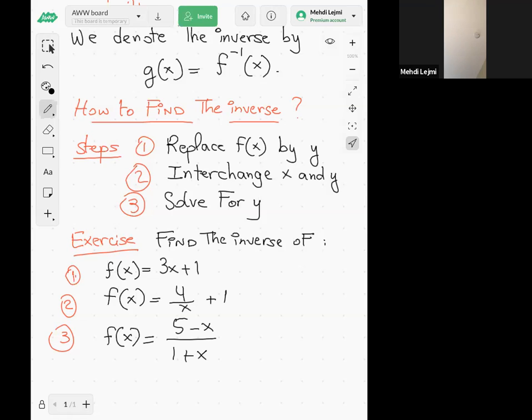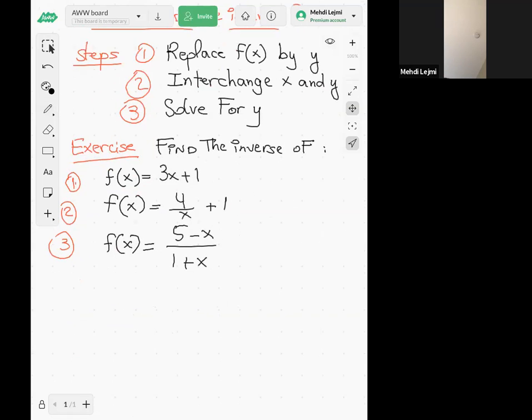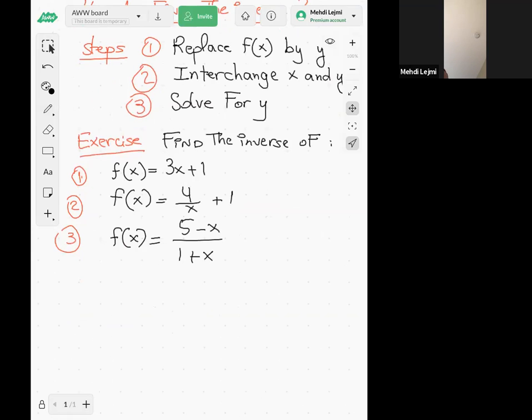I'm not sure which one we solved, but I think we solved the third function. Anyway, let me go over again number 2 and 3.